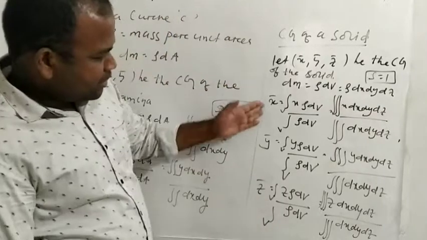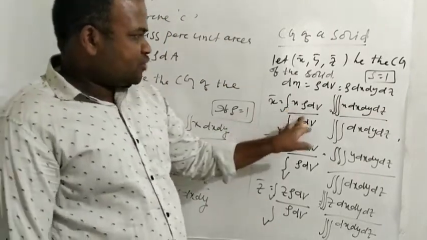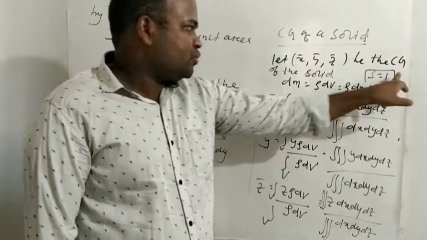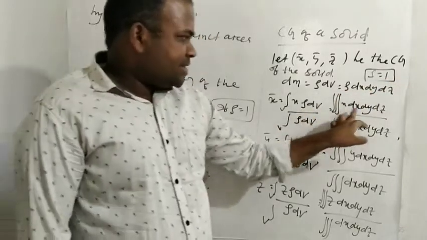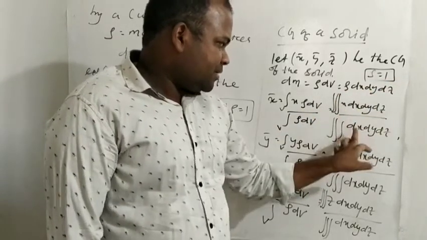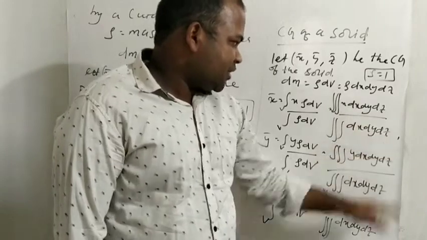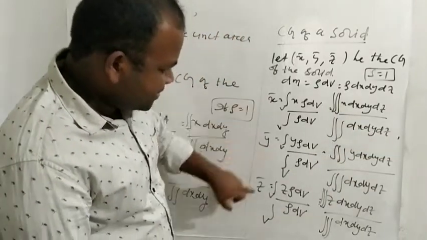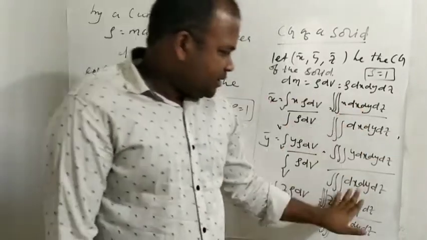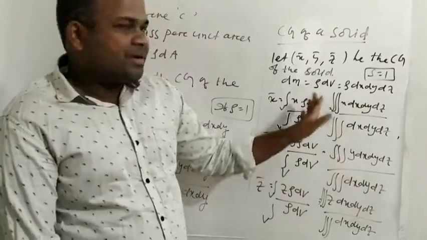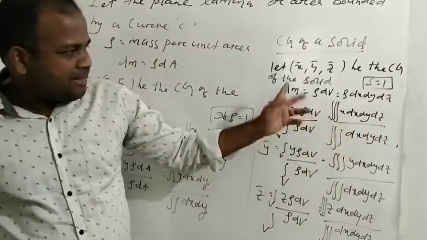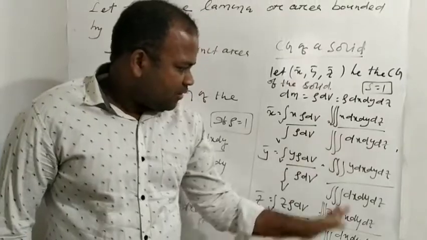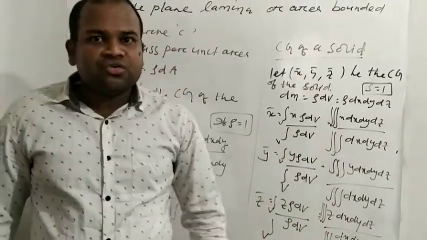Similarly, you find x bar, y bar and z bar: x bar is the integral of x rho dv upon the integral of rho dv. If rho equals 1, it is the integral of x dx dy dz upon the integral of dx dy dz. Based on the questions, we can convert to spherical or cylindrical form to solve.